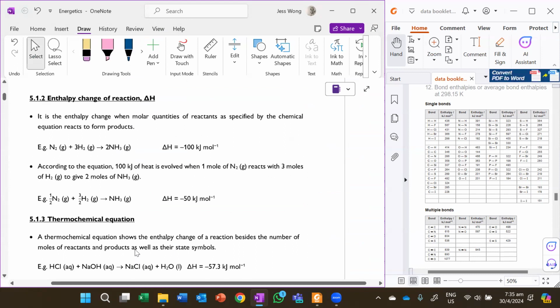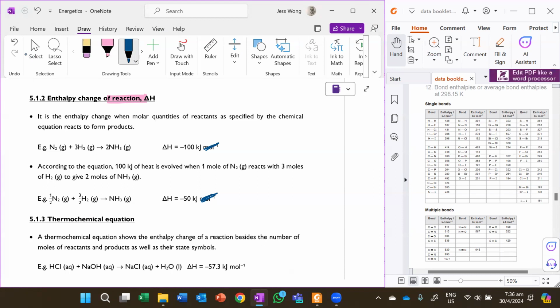So there are a few delta H. Just take note that when we are talking about enthalpy change of reaction, the unit is usually kilojoules, and you cannot cancel away the moles. It is dependent on how the chemical equation is written. If you have written N2 plus 3H2 to give 2NH3, the calculated enthalpy could be minus 100.